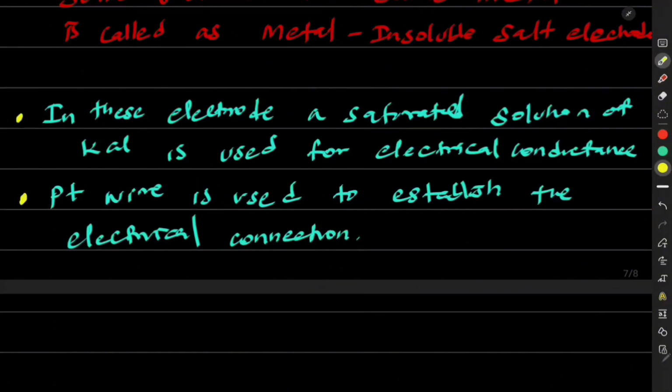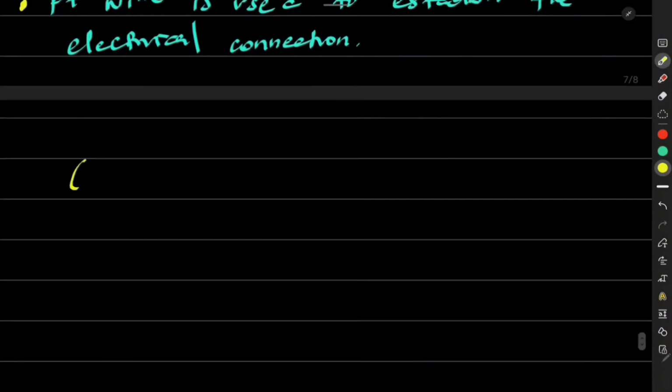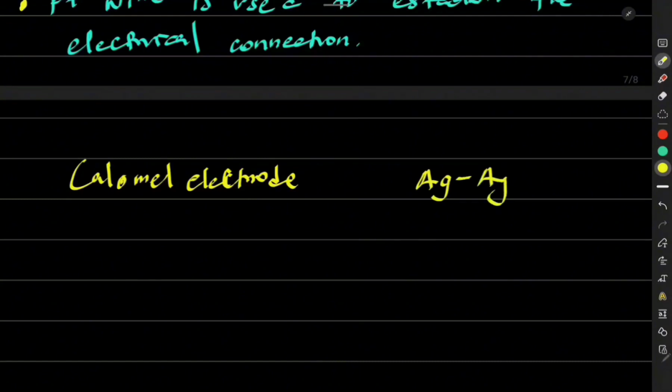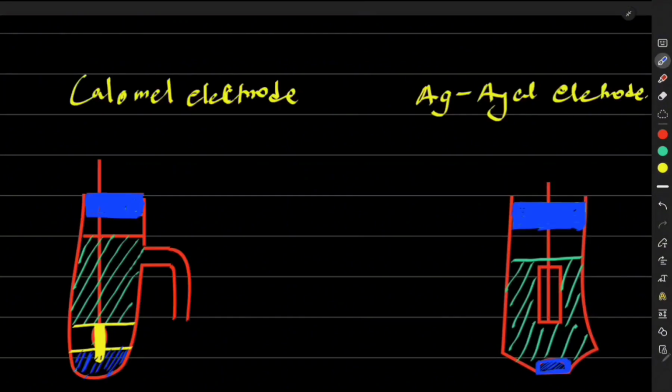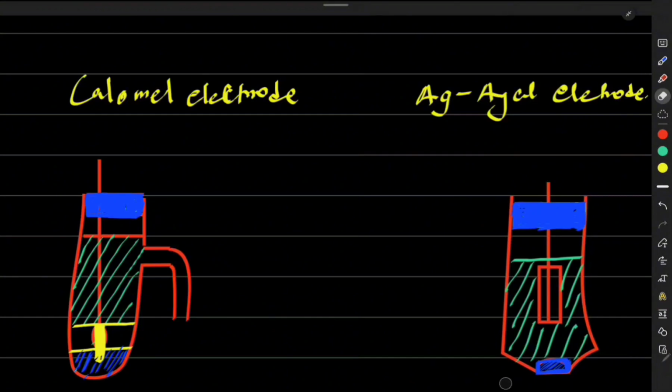Now let's do a diagram for the calomel electrode and the silver chloride electrode. Here, let's draw the calomel electrode. Here let's draw the silver chloride electrode. This is the calomel electrode and this is the silver chloride electrode.